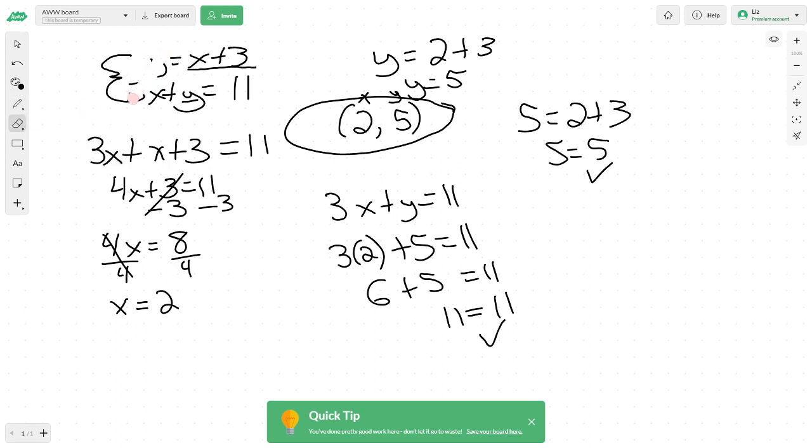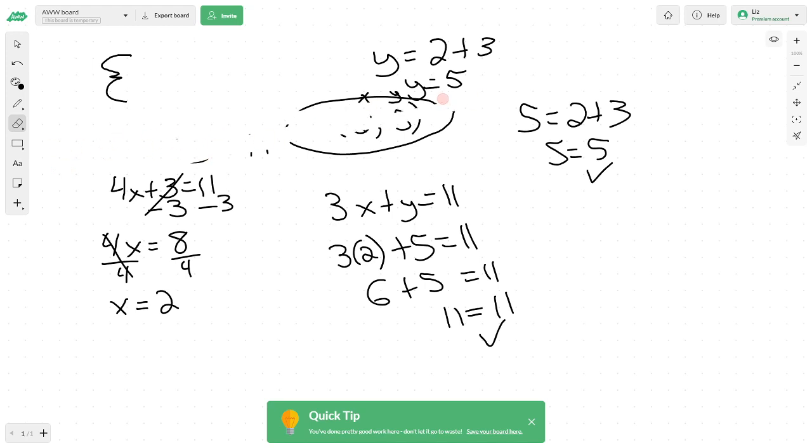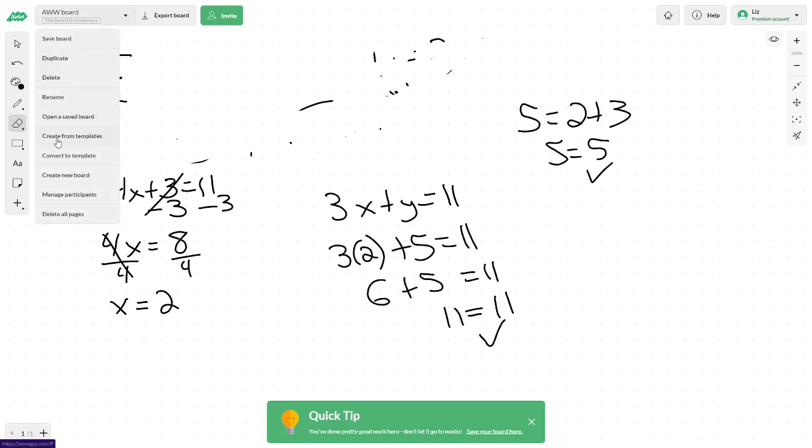All right, let's look at another system of equations here. We'll solve by substitution again. This is probably just faster.